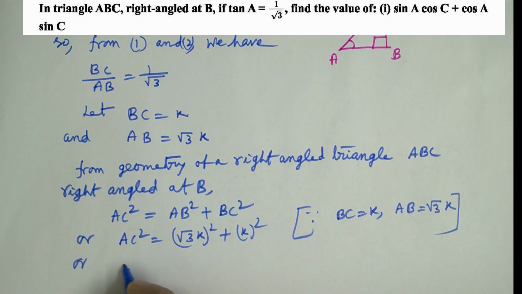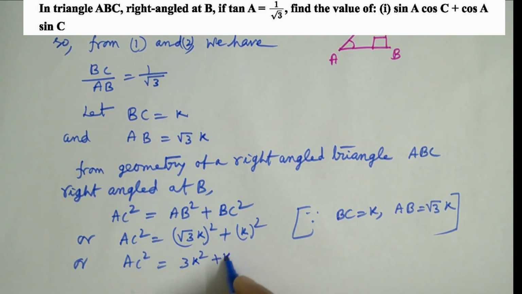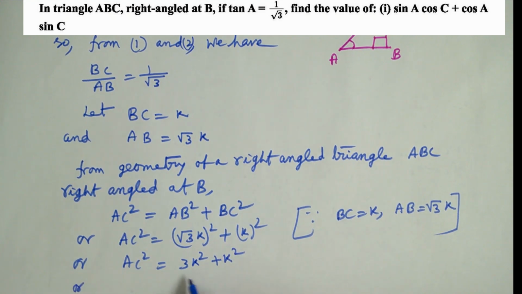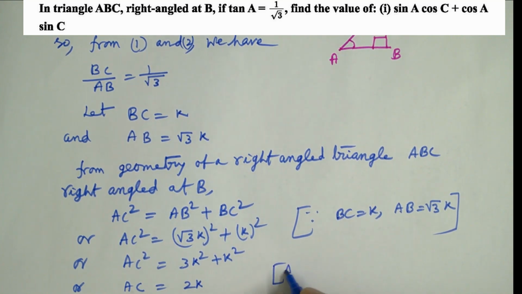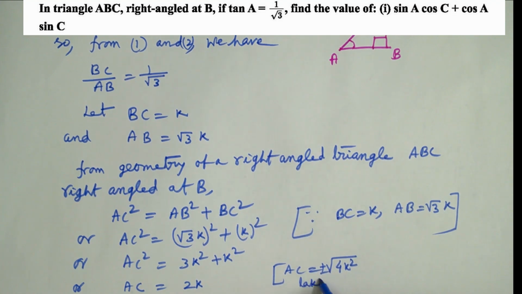Or AC square is equal to root 3 into root 3, 3K square plus K square, or 3K square plus K square, 4K square. So ultimately AC is equal to 2K, as AC is equal to root over 4K square, taking the positive sign.